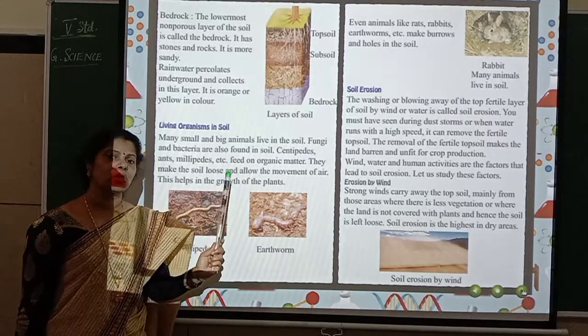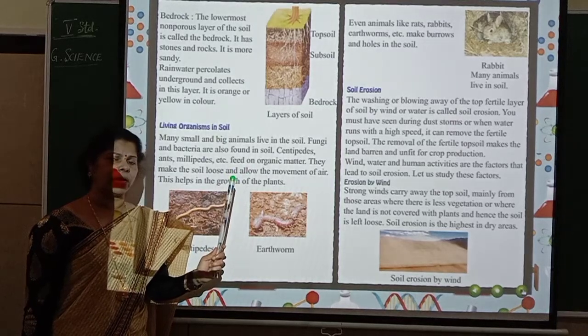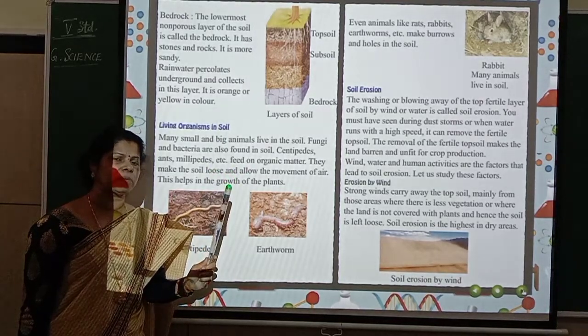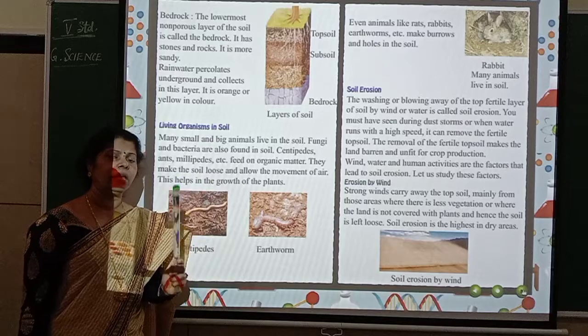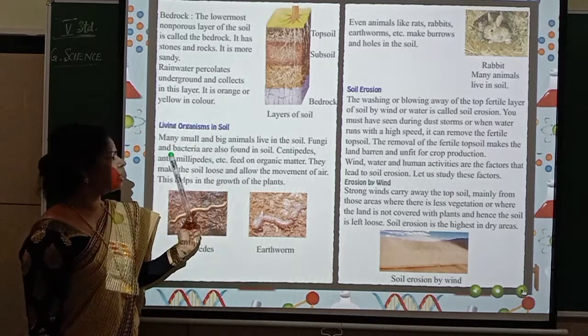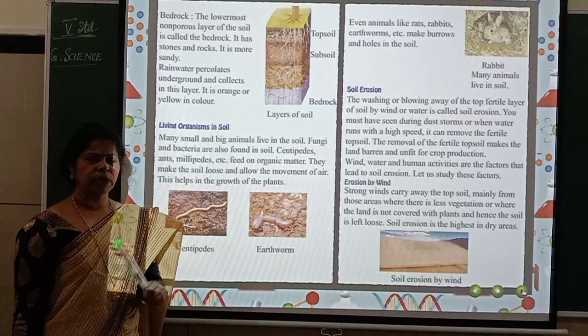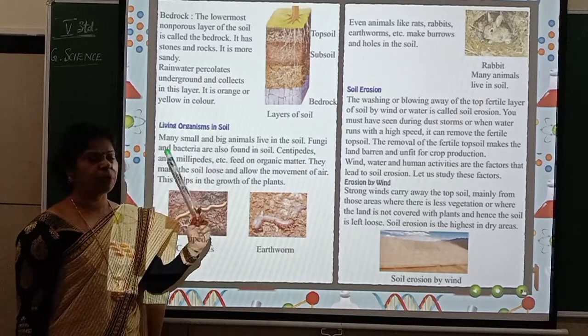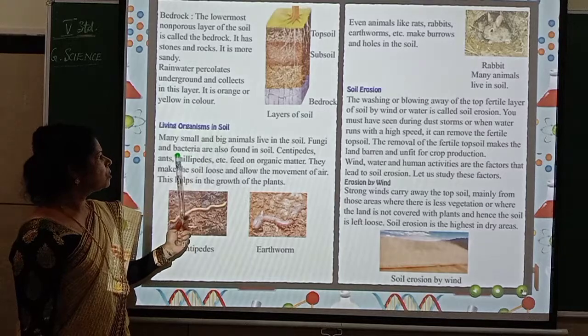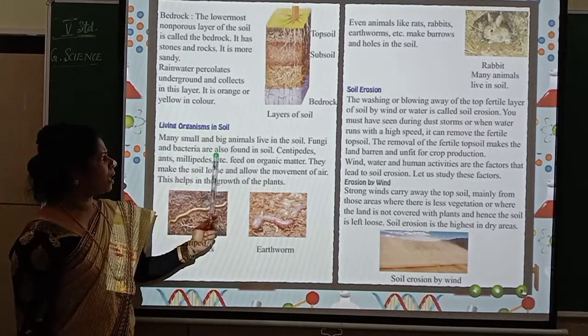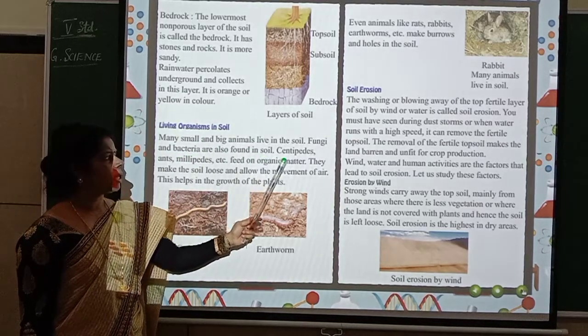They are microscopic organisms, very small organisms which you are not able to see with your naked eyes. If you have to see them, what do you require? You require the microscope. With the help of microscope, you are able to see them clearly. Understood? So fungi and bacteria are also found in soil.